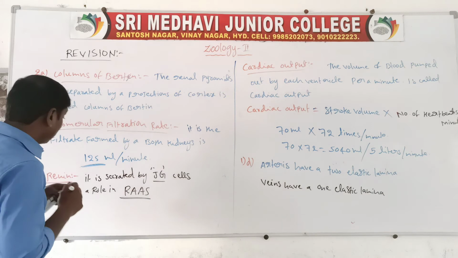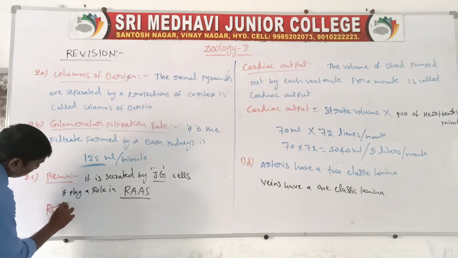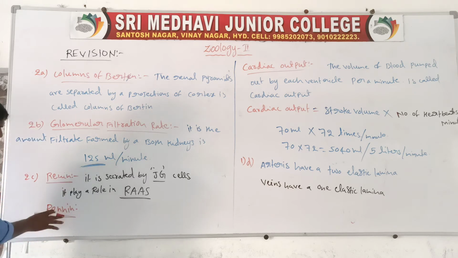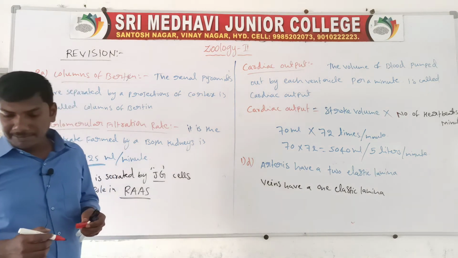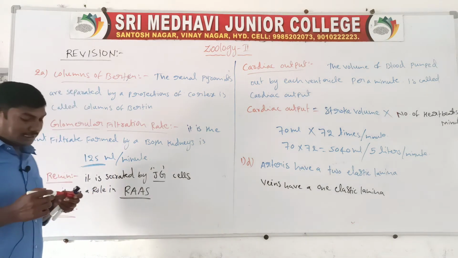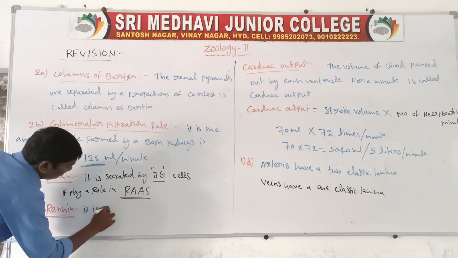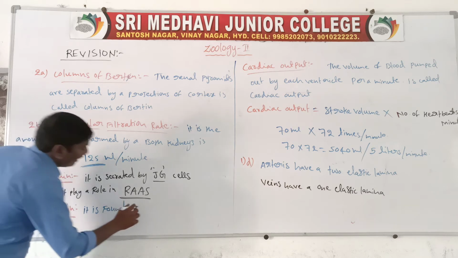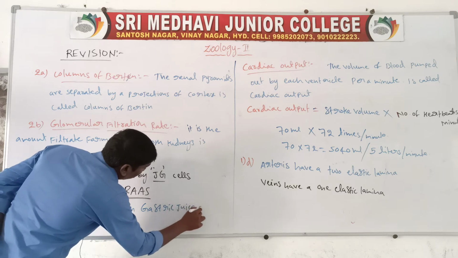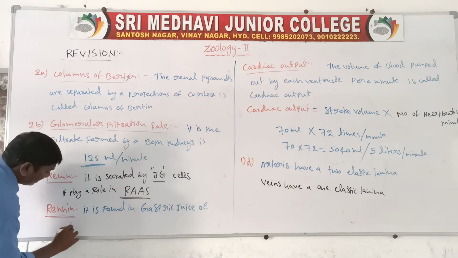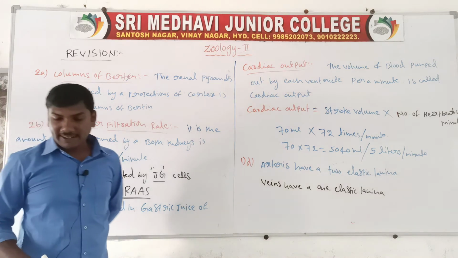Next, another enzyme, rennin. The only difference is one N and double N. Rennin is found in the gastric juice of infants.